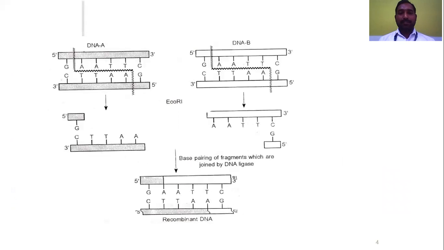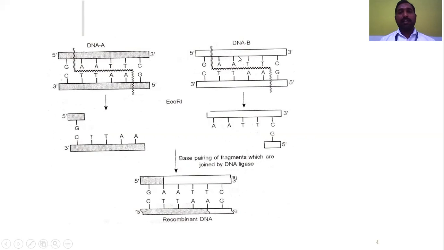This is the diagrammatic structure which tells us how restrictions and ligations are made and how the recombinant molecule is produced. This is DNA 1 and this is DNA 2. This DNA is from one source, and this DNA is from another source.